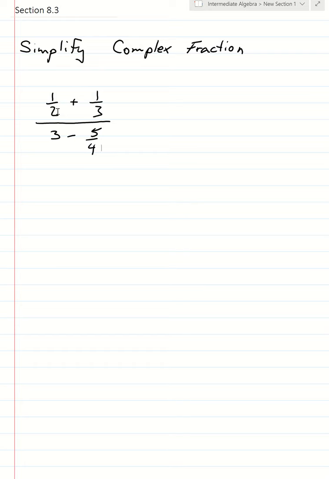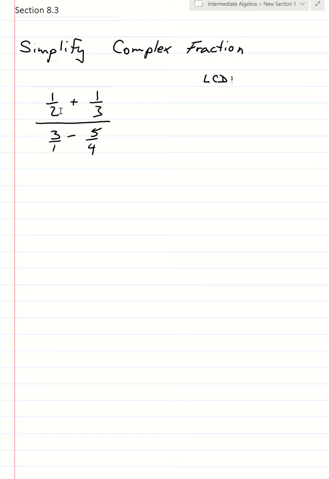We have the small fractions 1/2, 1/3, 5/4, and we can even think of 3 as 3/1. So we have these four fractions that we want to eliminate, leaving just the much bigger fraction. The way to do that is to identify the lowest common denominator, similar to when we were adding and subtracting fractions.